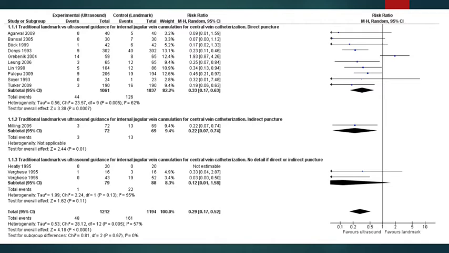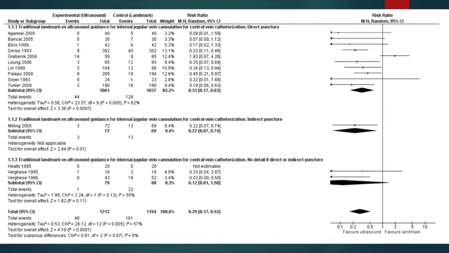That is also applicable to the second group, although there are fewer studies, and this is the indirect puncture, where you just identify the structures and then put your ultrasound down. The third group is less statistically significant in that the pooled estimates cross the marker of nil effect, but you definitely still see a trend. There, the studies didn't identify whether they were using direct or indirect puncture, but were still clearly comparing ultrasound versus landmark approach.